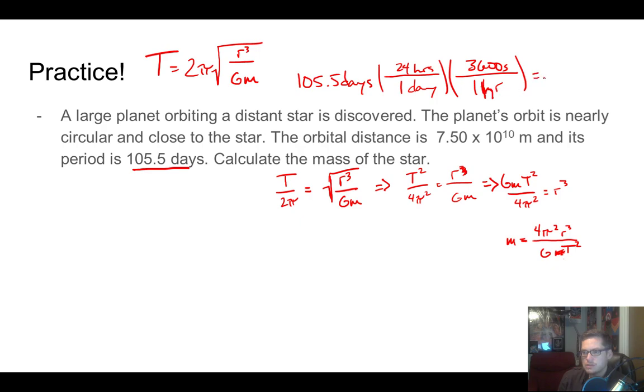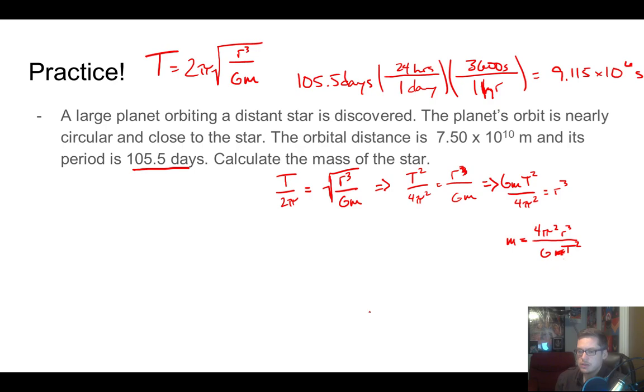So 105.5 times 24 times 3,600. So we get 9.115 times 10 to the 6 seconds.